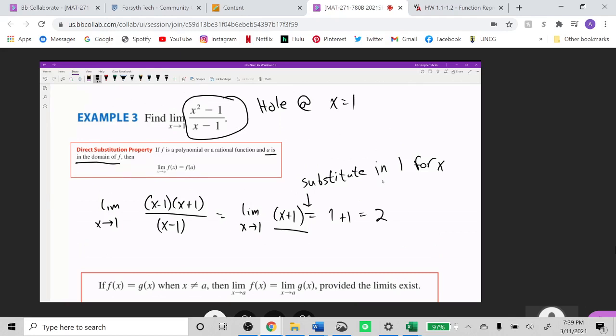But these two functions are the same for every other x value. And because they are the same for every other x value, I'm allowed to say that their limits are the same whenever they approach an x value of 1, which is where this discontinuity is in the original function. This is just a fact that was implicitly used here. Does that make sense?